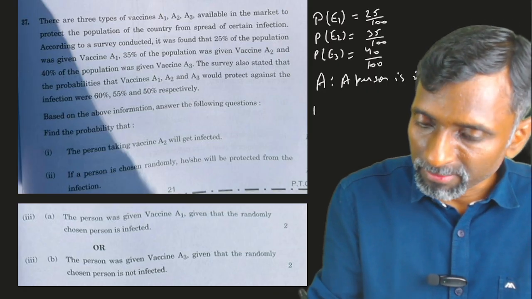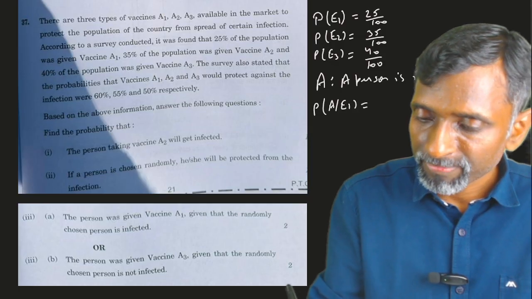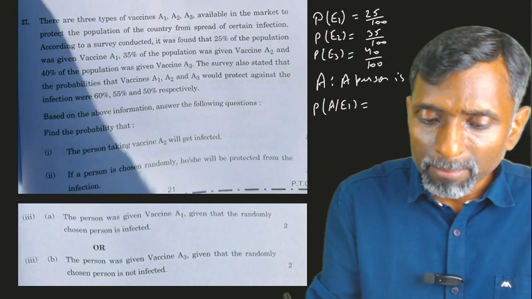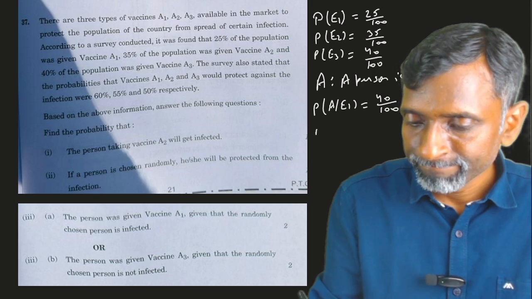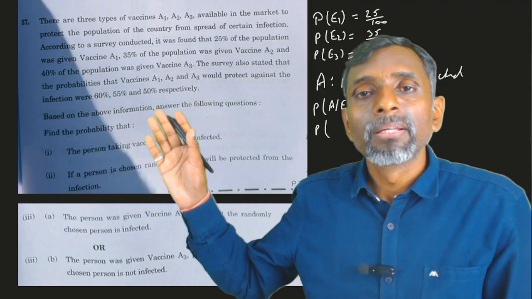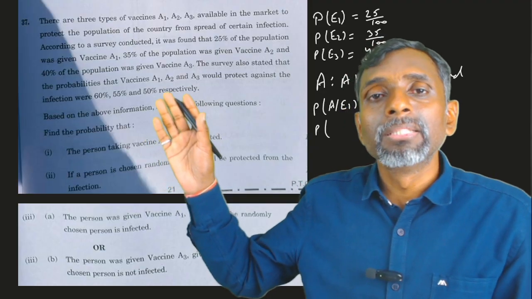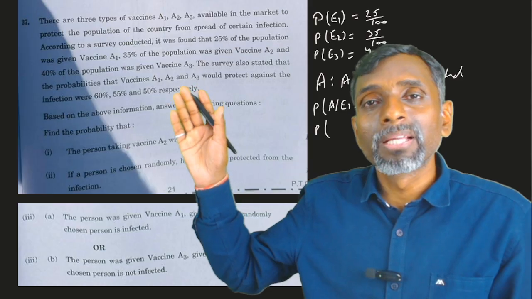A person infected, that means probability of A by E1 is given. It is 1 minus 60%, that is 40%. Because these are the percentages of vaccine protect against the infection.